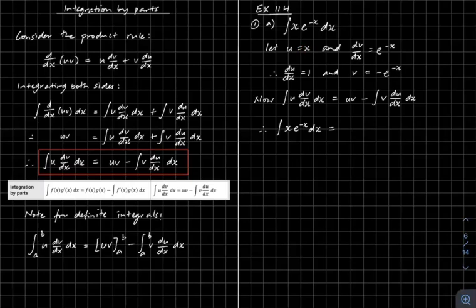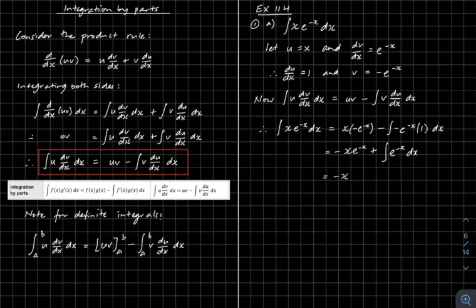So that's going to go out here. u times v, well, v was negative e to the negative x, minus negative e to the negative x was v, and du dx was just 1. So how does that look now? That's negative x e to the negative x plus the integral. I'll just take those two minuses and combine them to be plus e to the negative x dx.